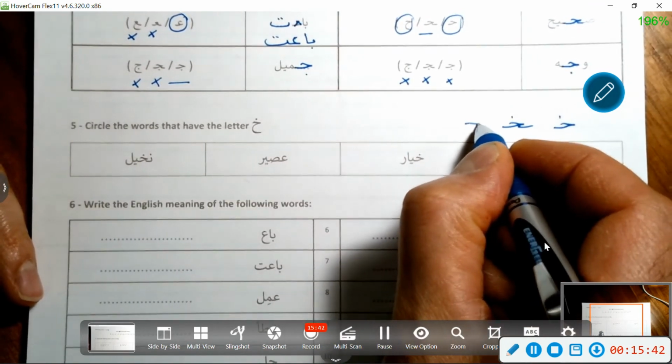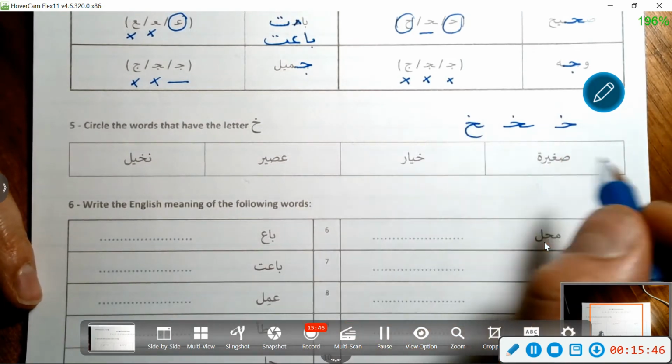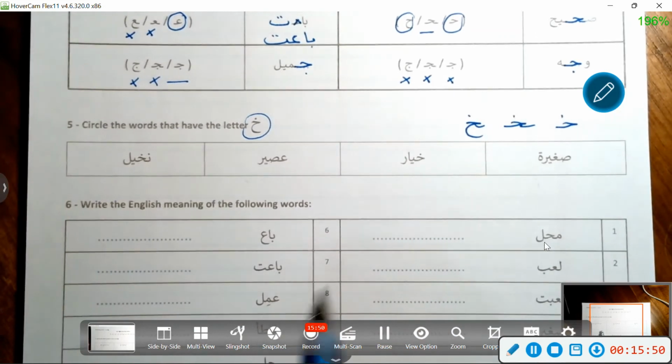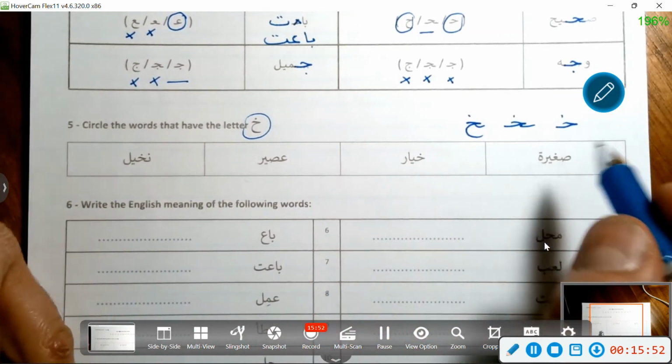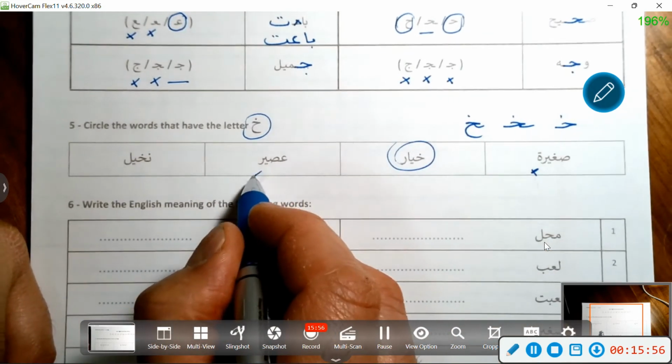Something connect with it, and when it's alone it's like that. So صغيرة doesn't have kha. خيار, there is kha. عصير doesn't have kha. نخيل, it does have.